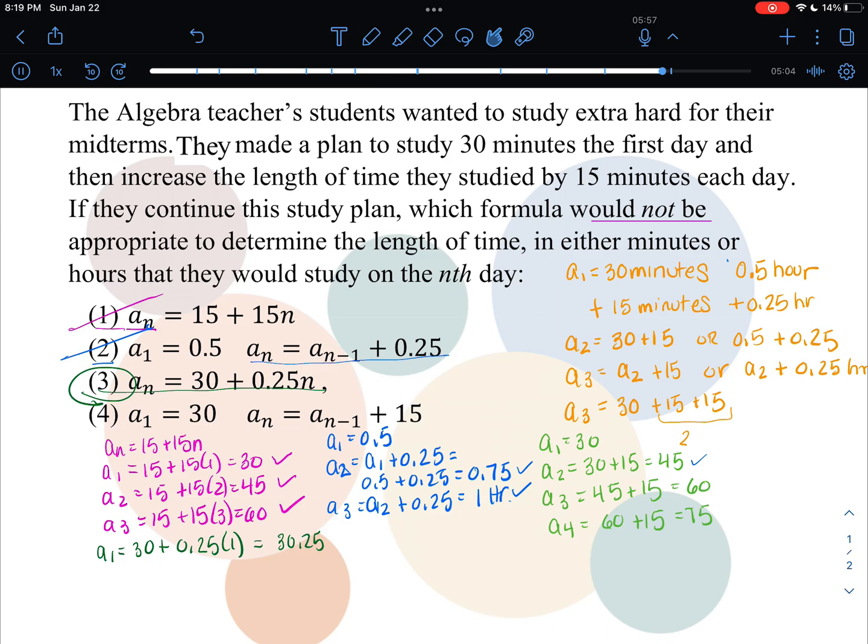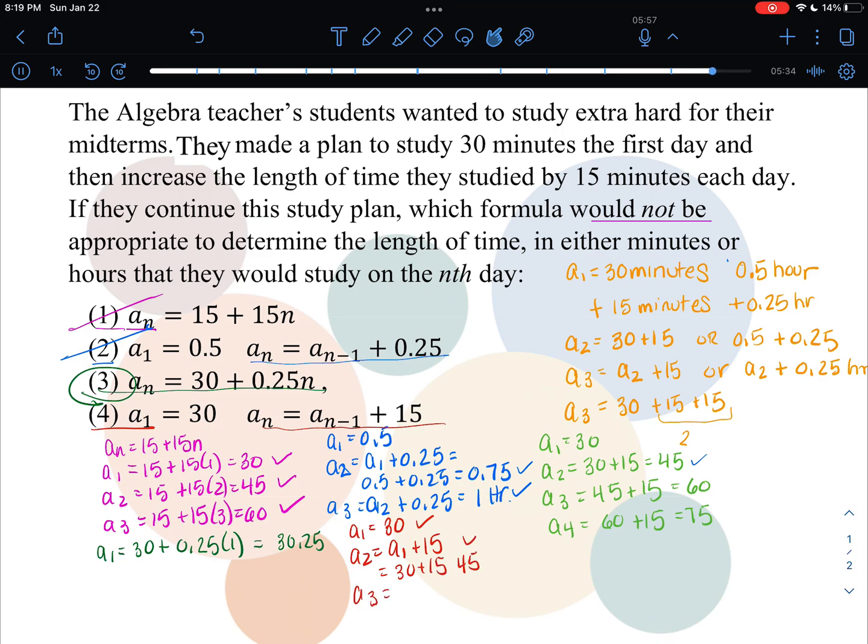I'm just going to verify by checking the last formula to make certain that that would be correct. Number 4 is saying that I am starting on day one with 30 minutes. That's correct. And A2 then, according to the second half, would be A2 minus 1, or A1 plus 15, which would mean 30 plus 15, which would give me those 45 minutes for the next day.